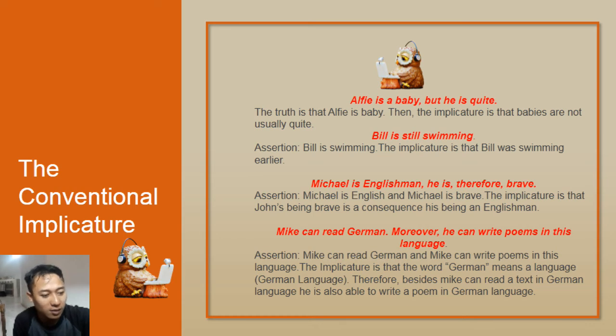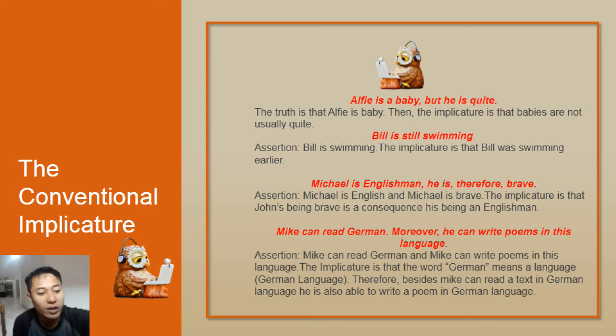And the next example of the conventional implicature is Mike can read German. Moreover, he can write poems in this language. Assertion: Mike can read German, and Mike can write poems in this language.